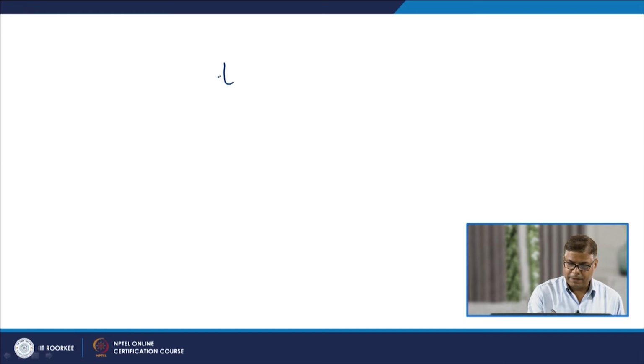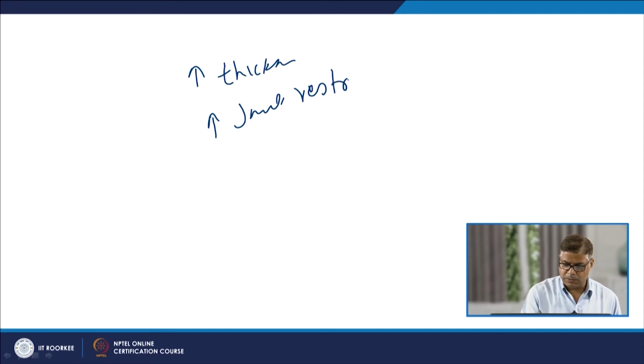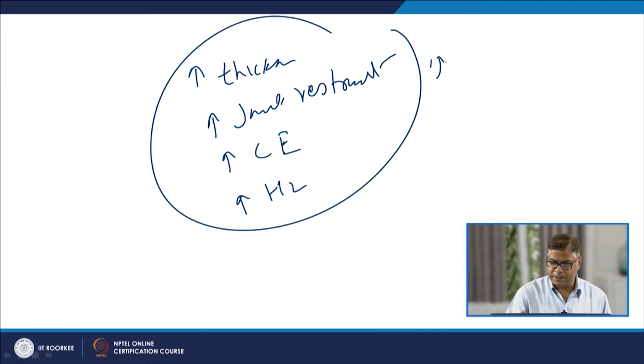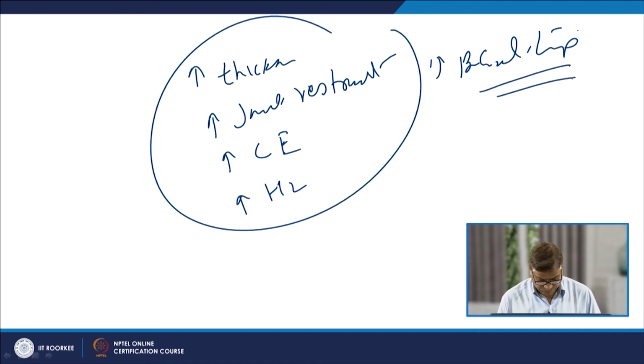In general, when we work with greater thickness of the plate, when the joint restraint is high, the carbon equivalent is high, section thickness is high, and when the hydrogen content in the weld is high, all these will increase the preheat temperature requirement.